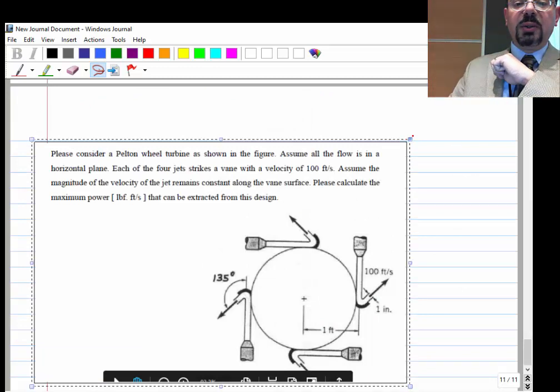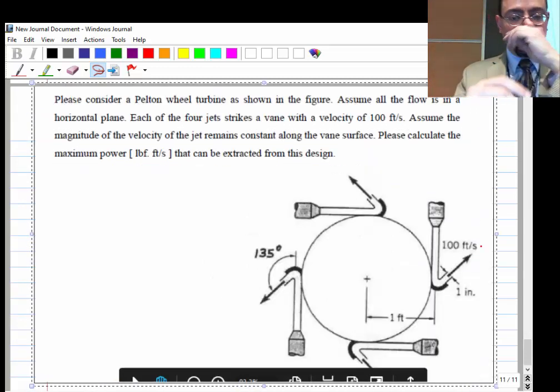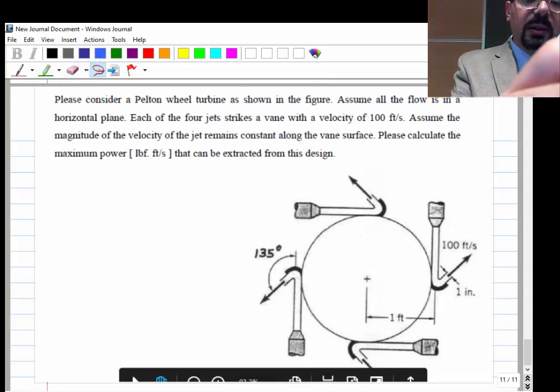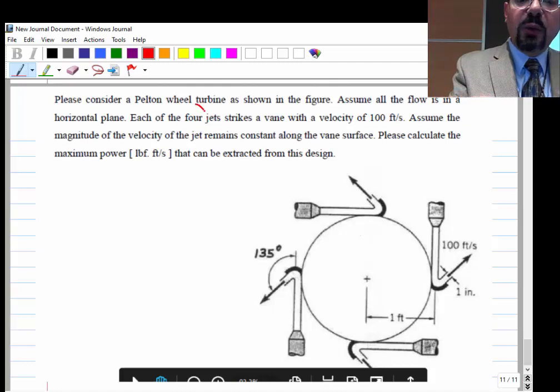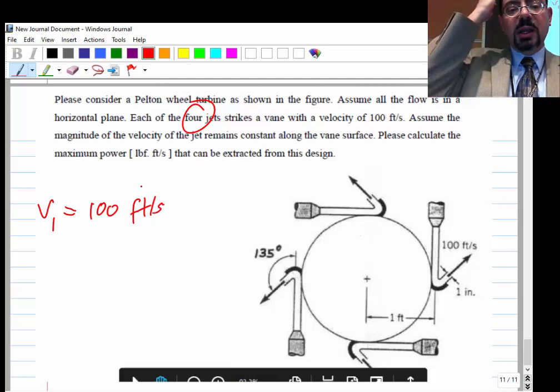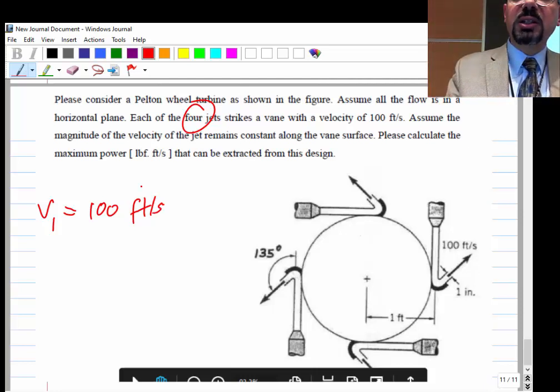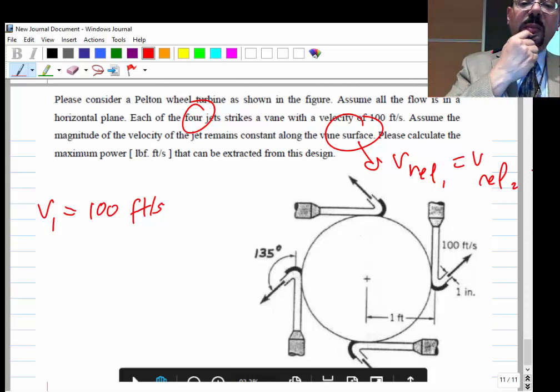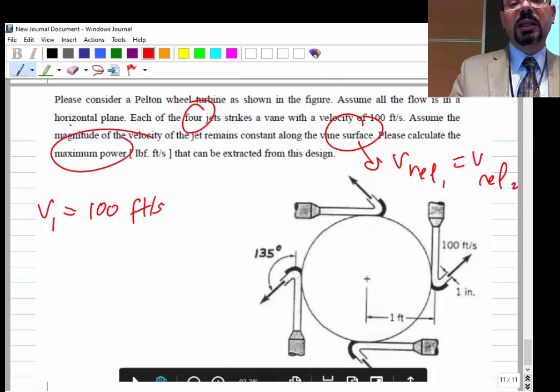He got himself a Pelton wheel, and he said each one of those 4 jets strikes a vane with a velocity of 100 feet per second. That's V1. Assume the magnitude of velocity of the jet remains constant along the vane surface. He's basically saying V relative 1 is the same as V relative 2. So that's what our book is doing. Please calculate the maximum power that can be extracted from this design.